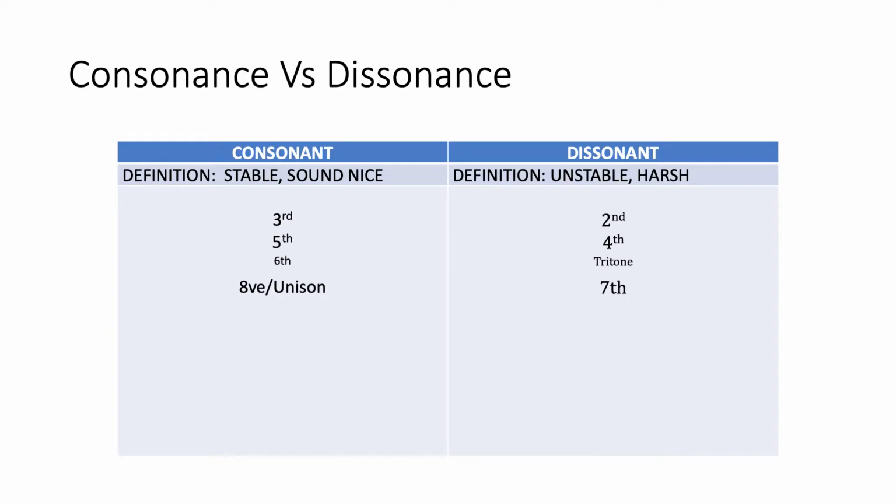I've skipped over the fourth there, and the reason is that if I play that, it's a sound that we wouldn't necessarily think of as unstable. But traditionally speaking, the fourth is treated as a dissonance, especially within those sus4 chords, those suspended fourths that you might come across.